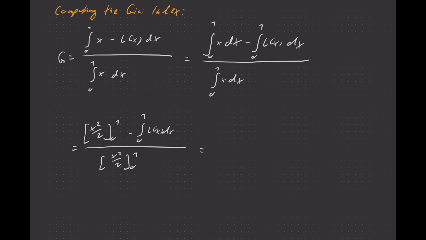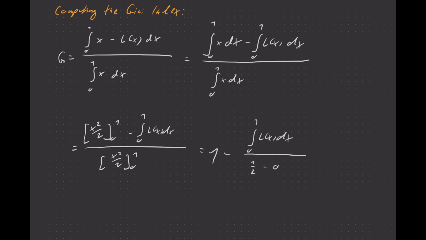So what do we get? Well, here we can take this fraction apart into two parts. The first part is this expression over this expression, so that is 1. And then we have this integral of L of x dx divided by that expression here, that is 1/2 minus 0.